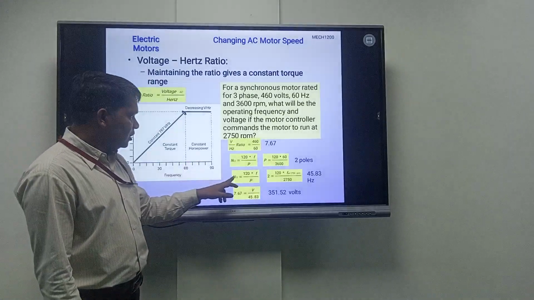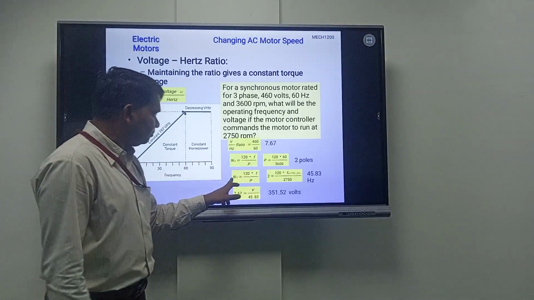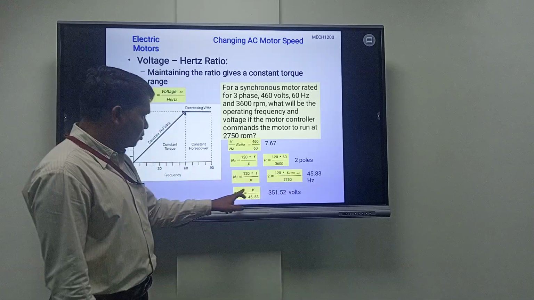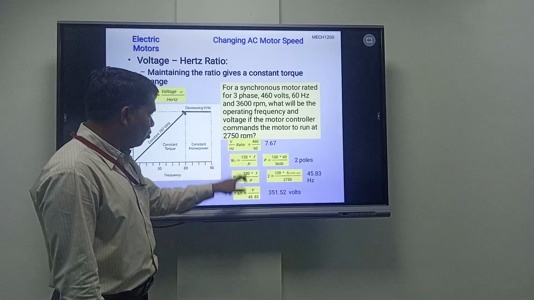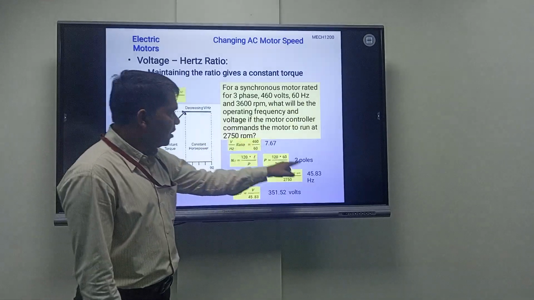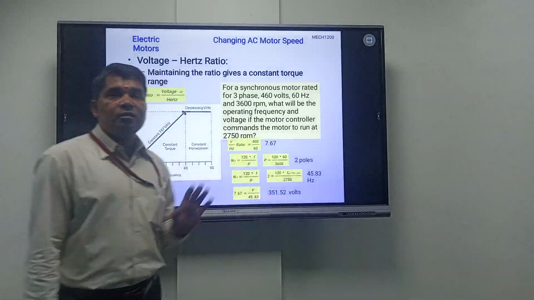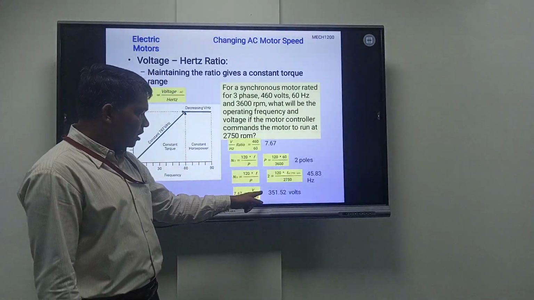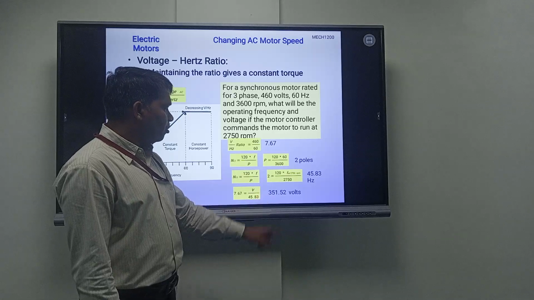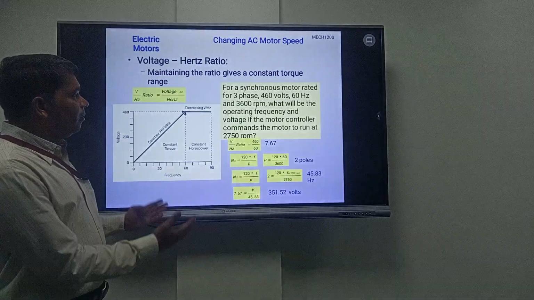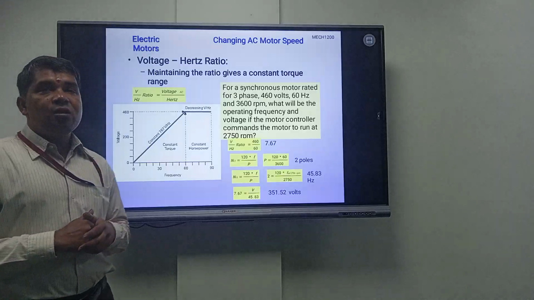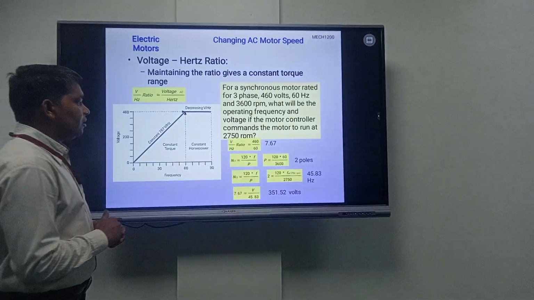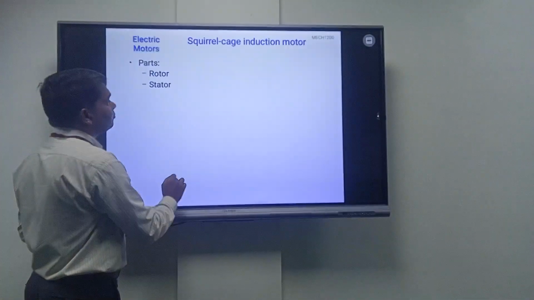Now Ns equals 120 f over P, so substitute the values and you will get the frequency, and then the voltage will be available. Frequency will become 45.83 Hertz and voltage will become 351.52 volts. This is the determination of the voltage and frequency values to maintain the voltage frequency ratio.